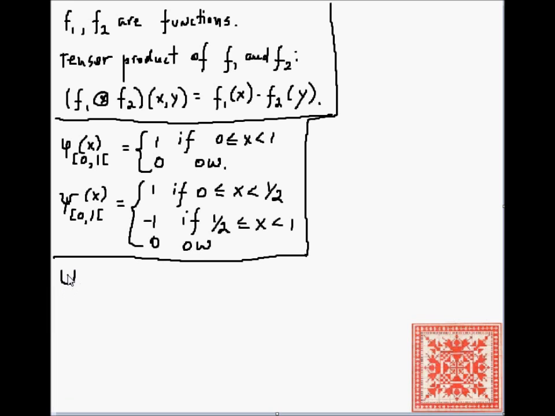Then we can define a two-dimensional horizontal wavelet.